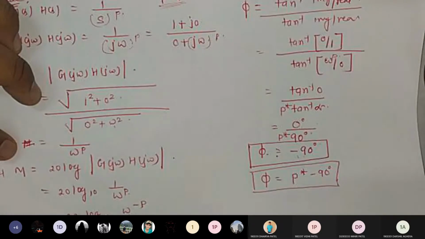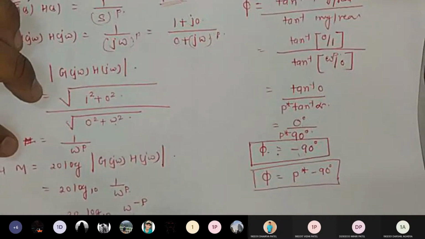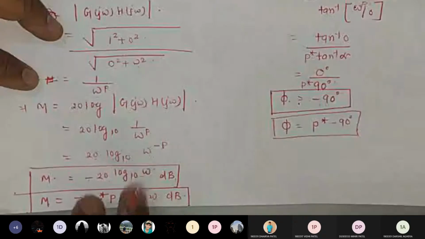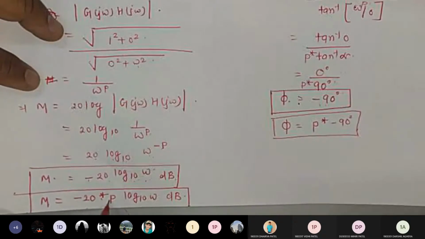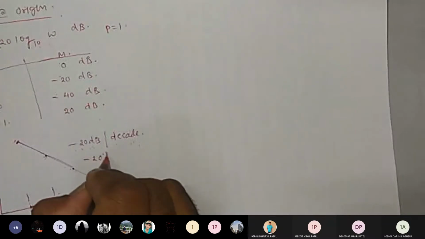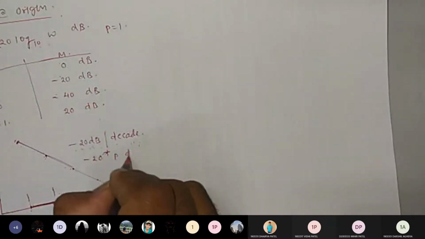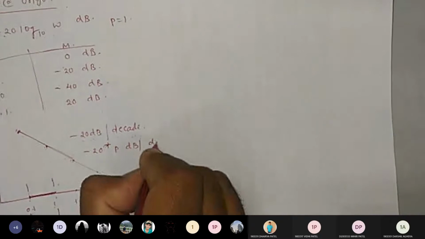Now if there are multiple poles, suppose two poles, the answer will be minus 40 log omega. So the answer will be minus 20 into P dB per decade.